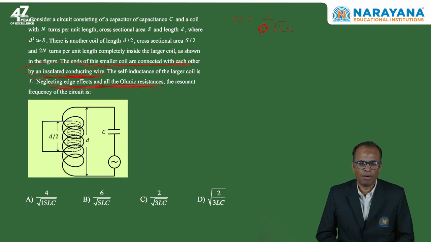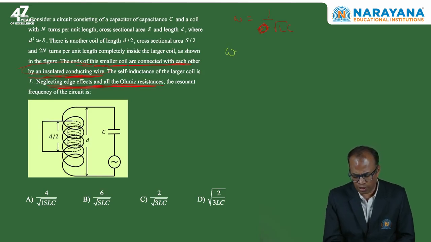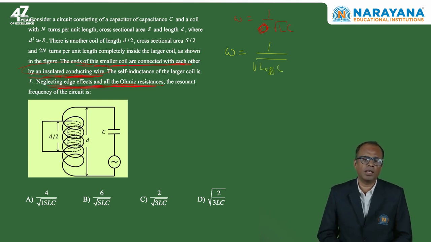So we have to think more. Now this coil is short circuited and we want to find out basically the effective inductance. The answer should be of the form 1 by square root of L effective times C. So we are interested in calculating the effective inductance of this.